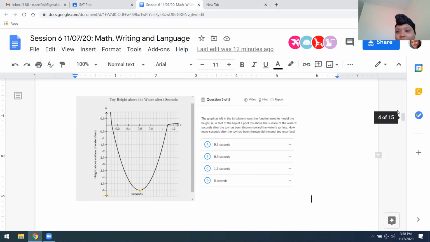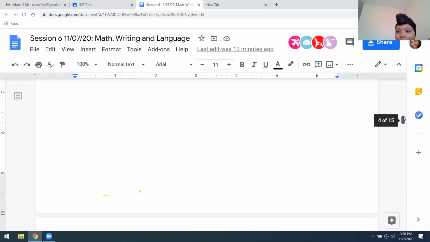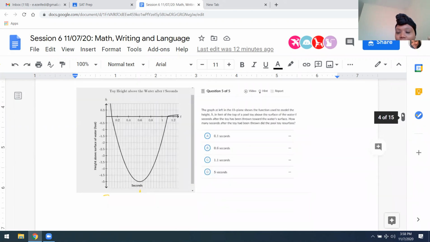Sometimes when you start very slowly, even if you think, oh, well, this is too simple, that helps you when things start to look a little different. This looks different from the other graphs we were doing. It's upside down, it has negative numbers and stuff. But once you break it down and realize what information the graph is showing you, then you can answer.